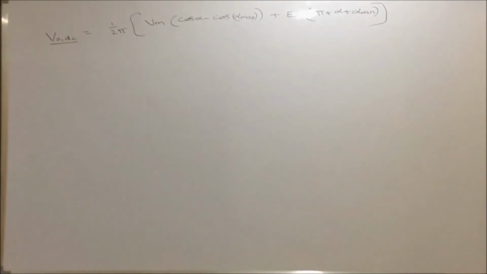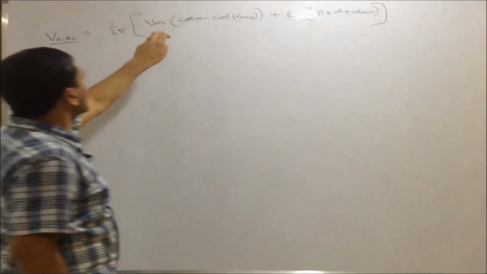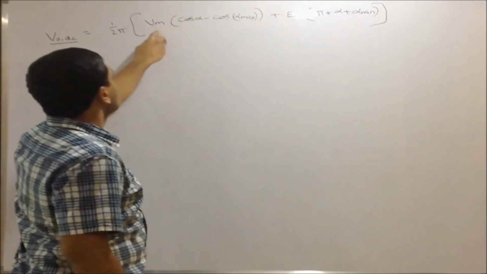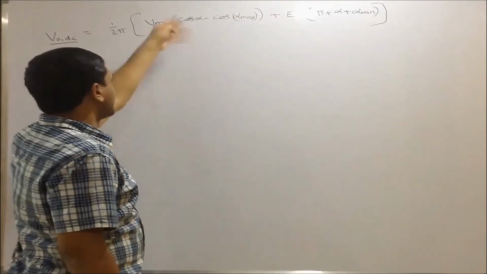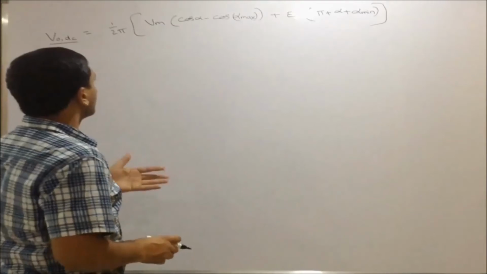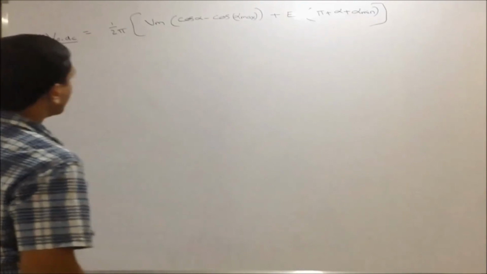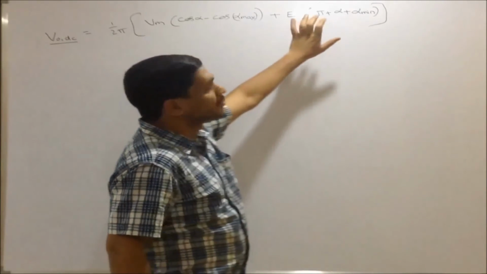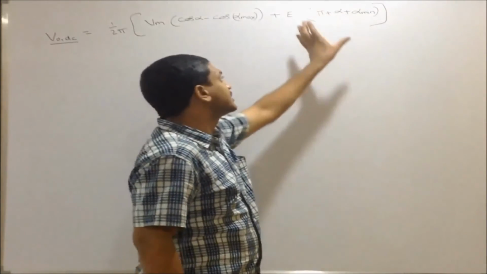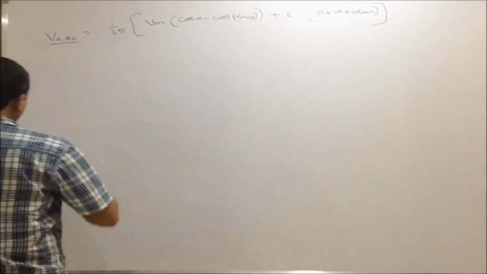The first part is very clear, up to Vm into cos alpha minus cos alpha max. This is like Vm by 2 pi into cos alpha minus cos beta. That is very easy. We have seen it for R load, RL, and RL with freewheeling diode. But for RE load, this term comes. So how to accommodate this E term, that we will see.